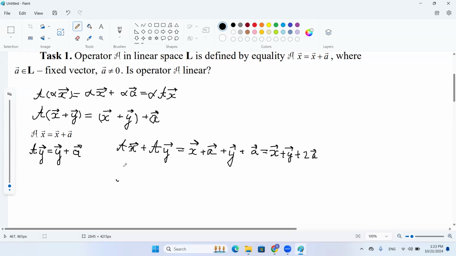So what can we say about this? Are they equal or not? The operator of the sum and the sum of operators. What can you say about it?